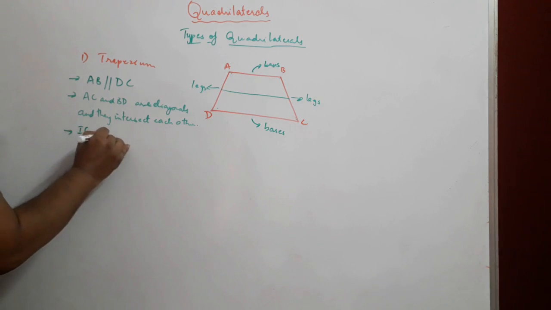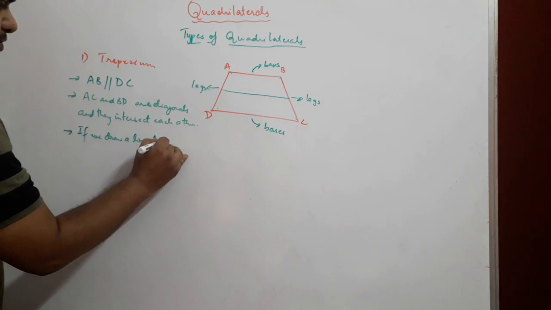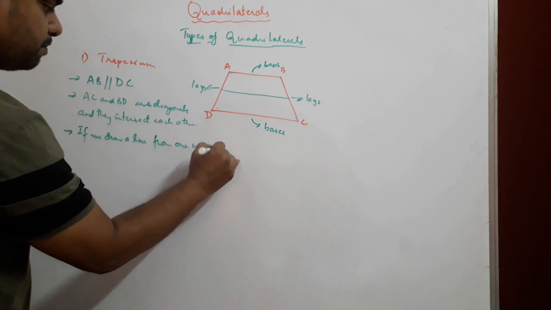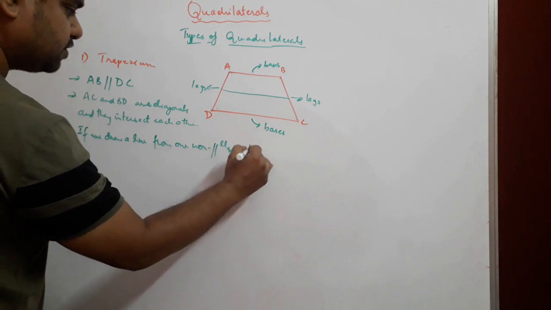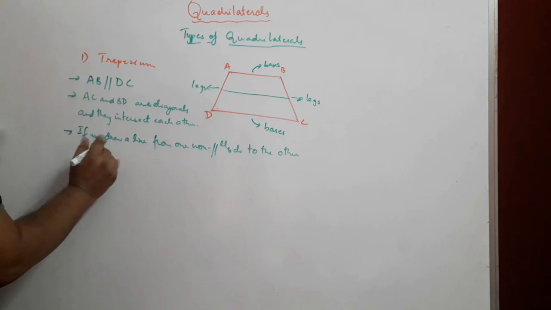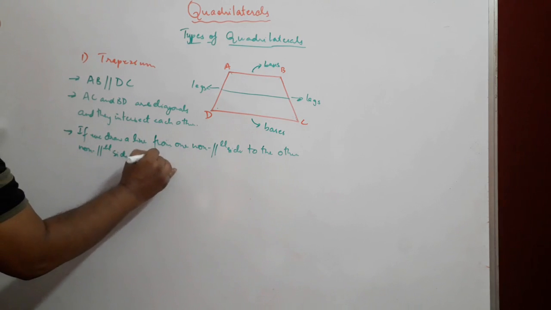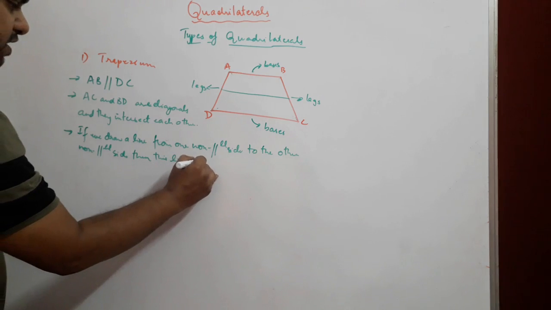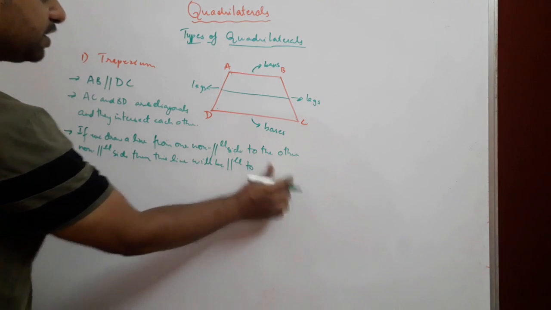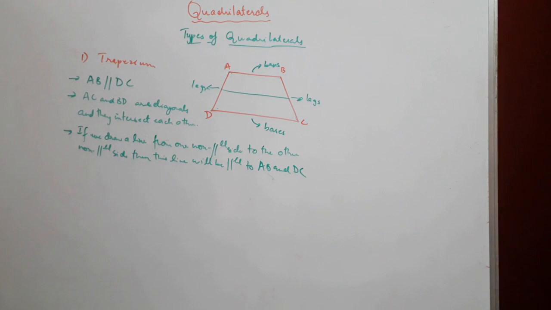If we draw a line from one non-parallel side to the other non-parallel side, then this line will be parallel to AB and DC, which means the other two parallel sides.